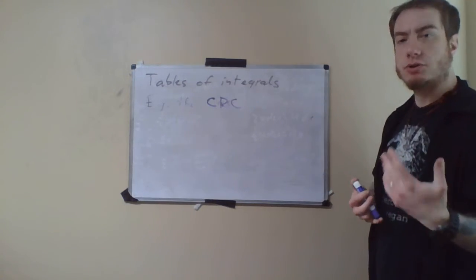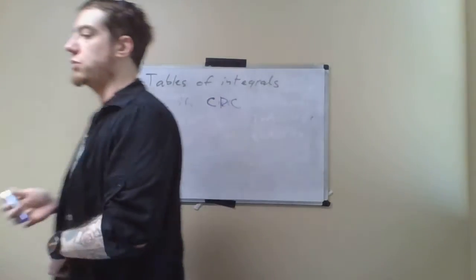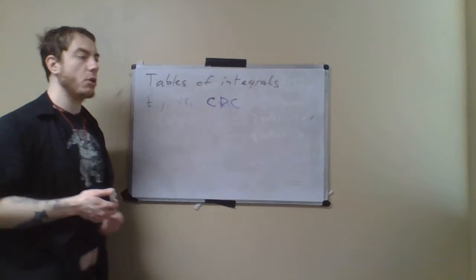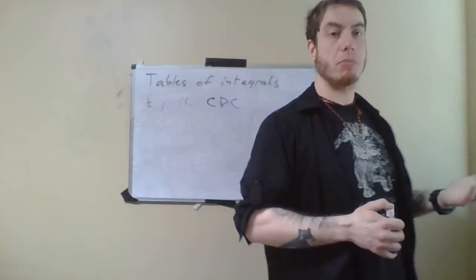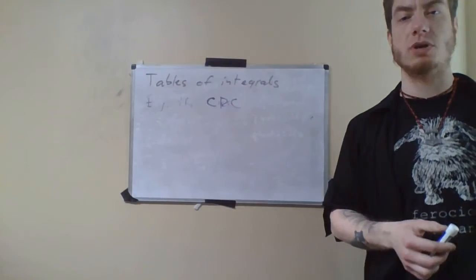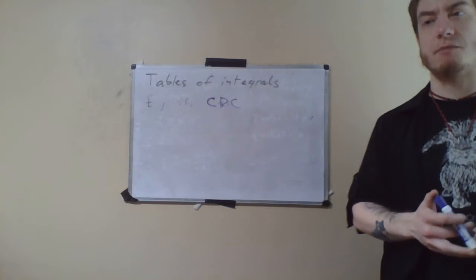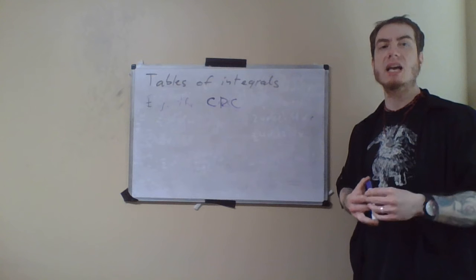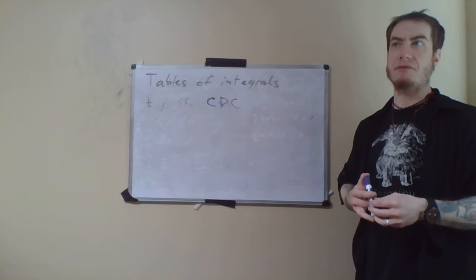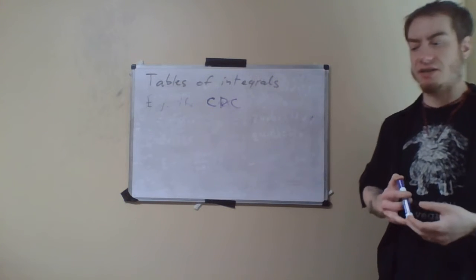So we're not going to cover too much about that. If you need to understand how to use a table, get a hold of the table that you're going to be using and get used to looking things up in it. If you're going to use a computer algebra system, then it depends upon which system you're using, and you just have to get used to using that particular system.